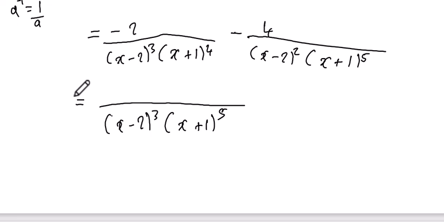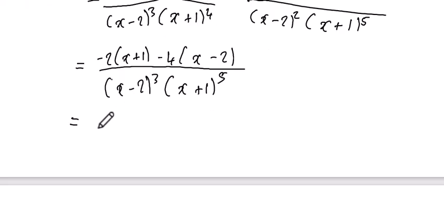So negative 2 multiplied by x plus 1, then minus negative 4 multiplied by x minus 2. Basically this is what we have.